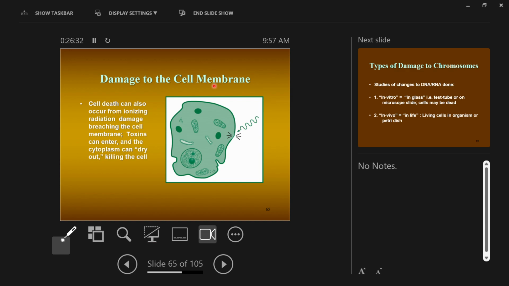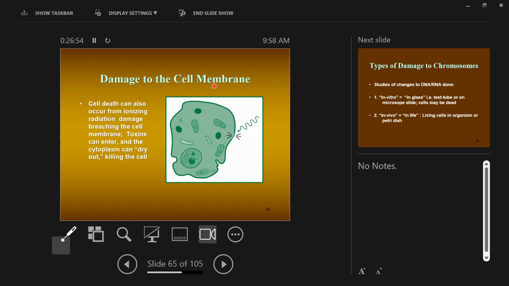If you make a break in the cell's membrane, remember from science class we called cell membranes selectively permeable barriers, right? Things can get in and out, but only certain things. If you let just any old thing in or out, then a cell can be very hurt from that. For example, all of the cytoplasm can leave the cell, causing the cell to dry out.